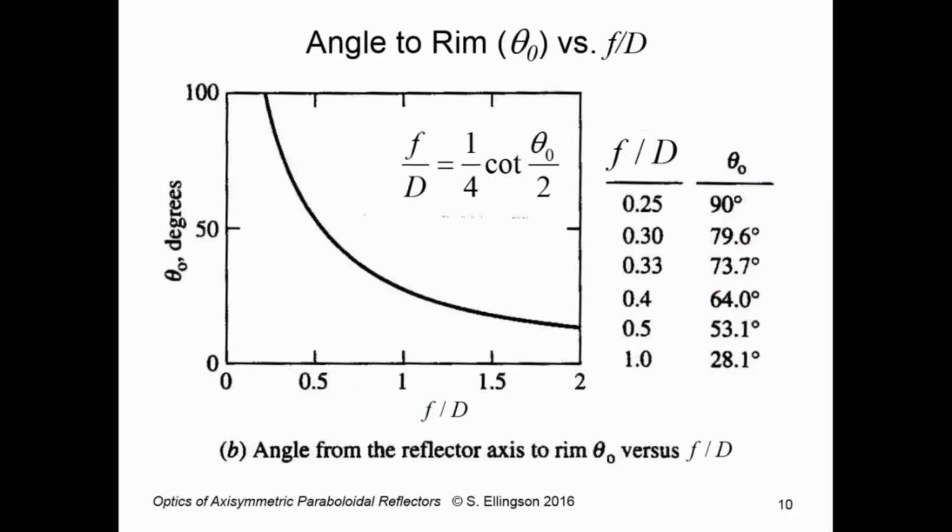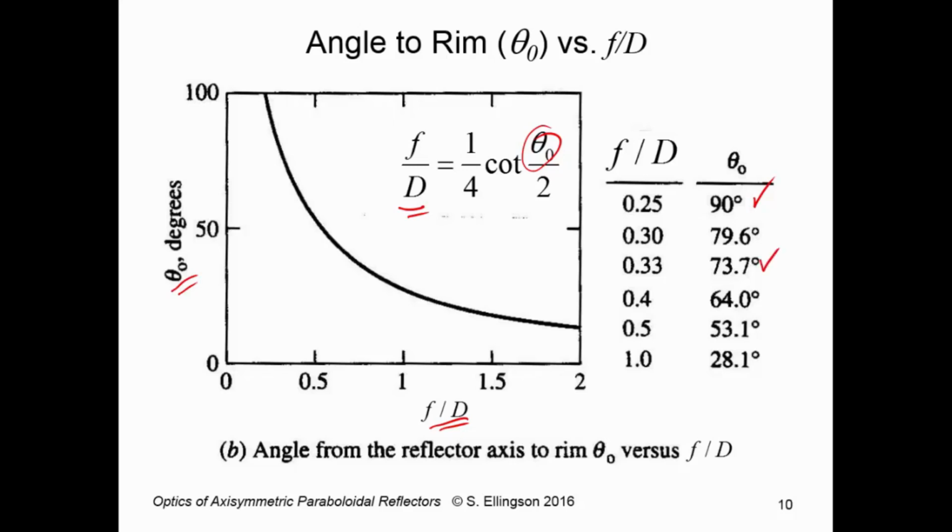So let me show you how this plays out. We have a relationship now between f over d and angle to rim. So here's angle to rim in degrees. Here's f over d. What we find, for example, is that for f over d equals 1/4, that angle's 90 degrees, as I promised you it would be earlier.